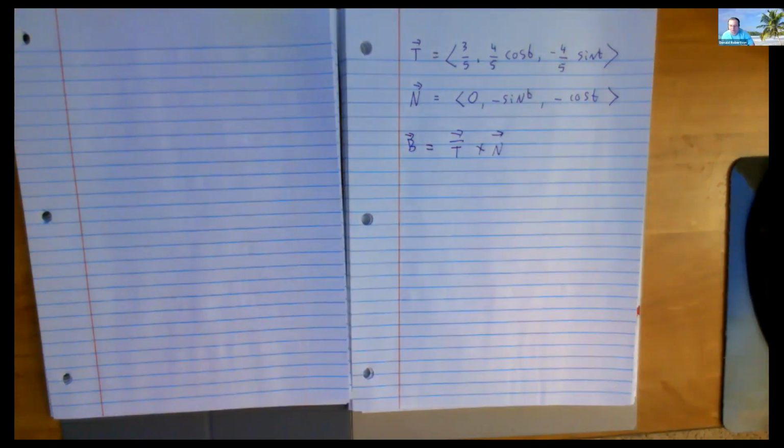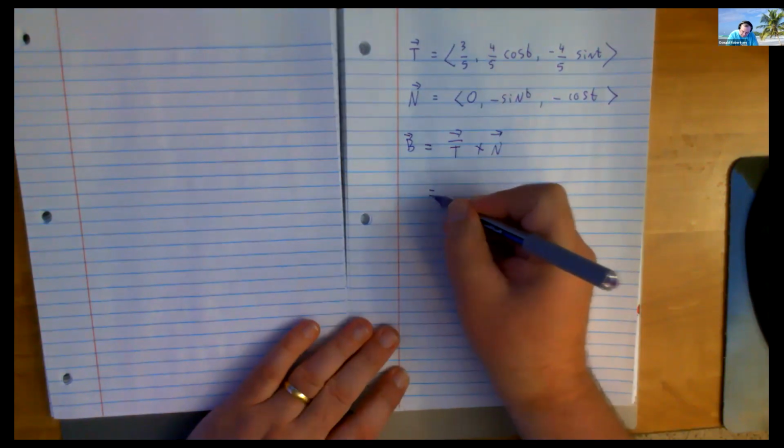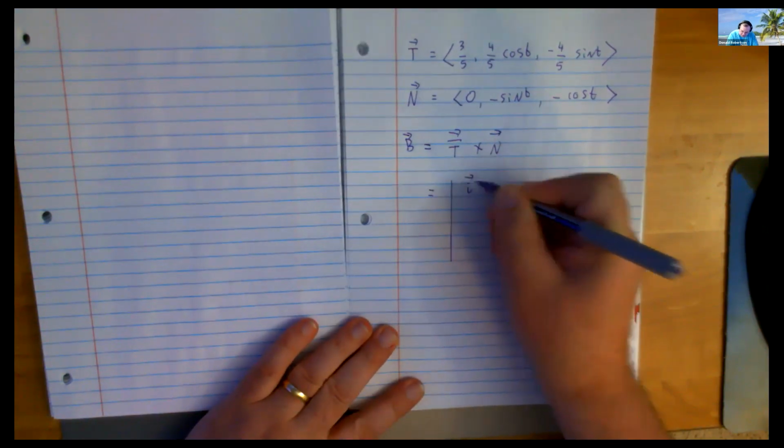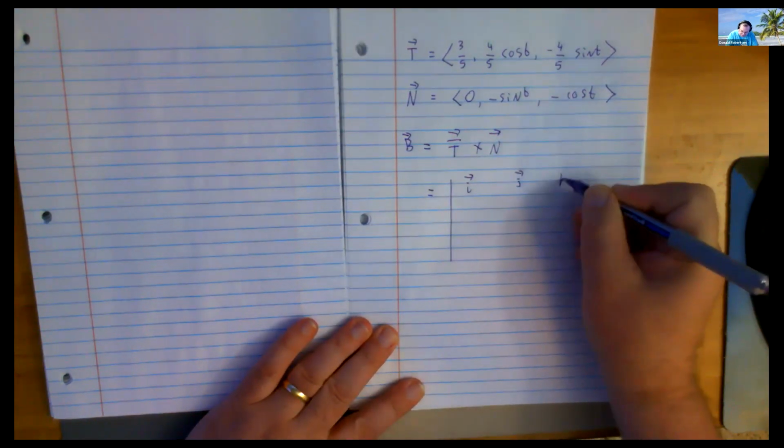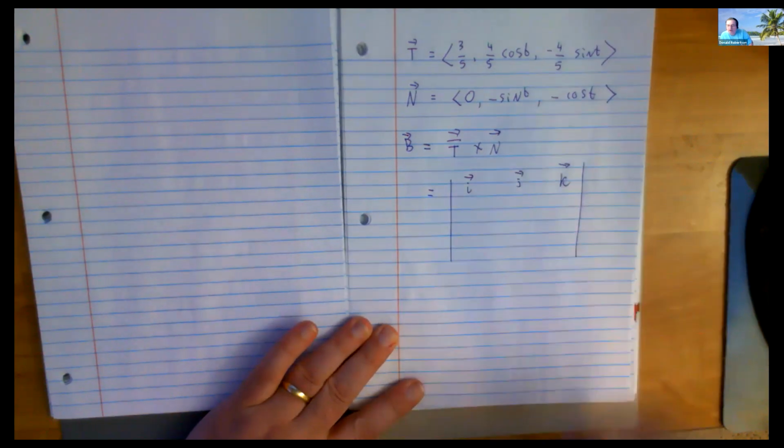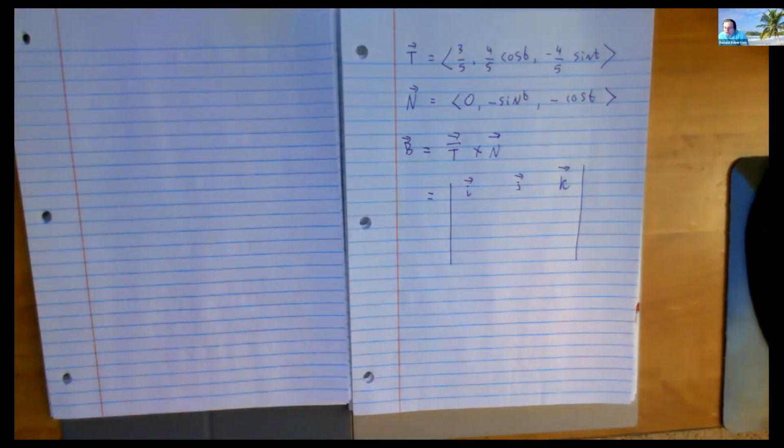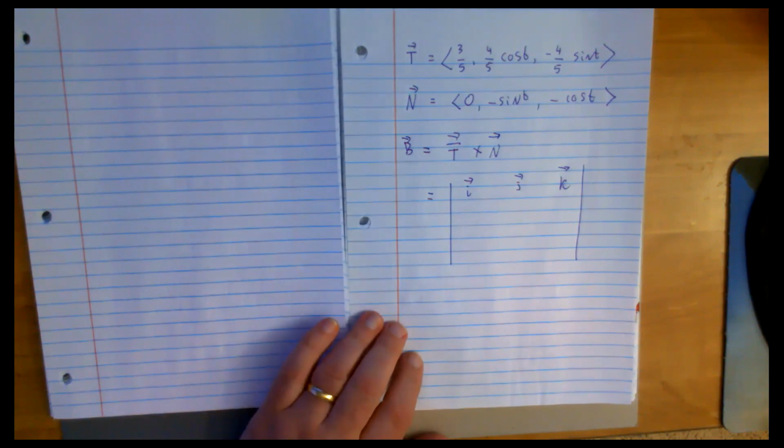Yep. So in this case, there's our i, there's our j, and there's our k. Is calculating cross products becoming second nature to you because you've probably done so many? It's kind of like rote now.